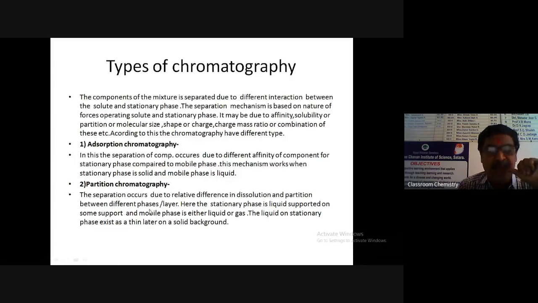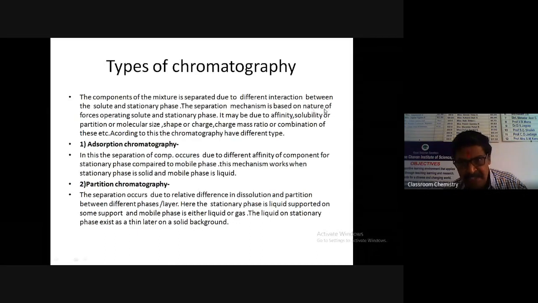Then the types of chromatography we have seen: the components of the mixture are separated due to different interaction between the solute and stationary phase. The separation mechanism is based on the nature of forces operating between solute and stationary phase.